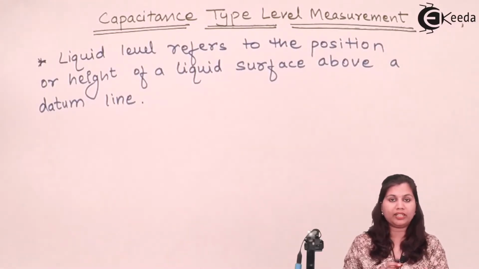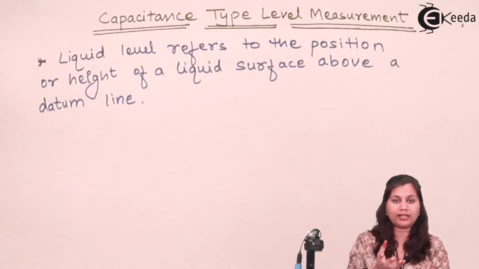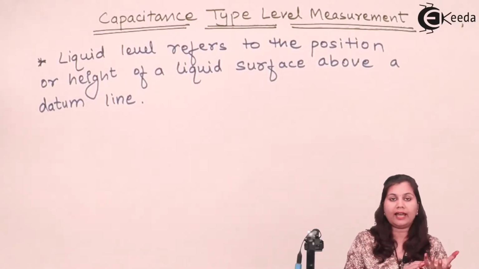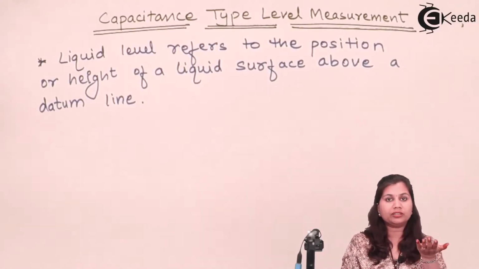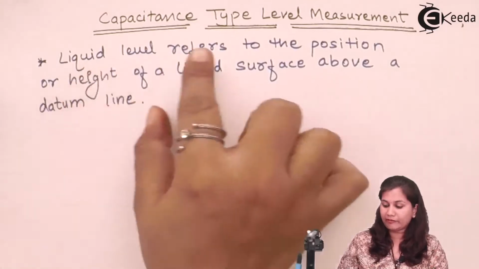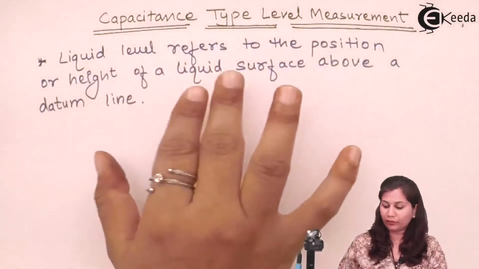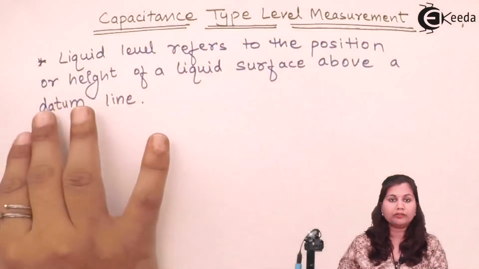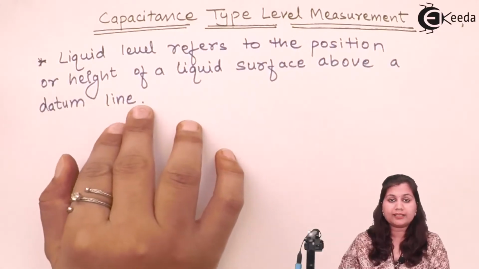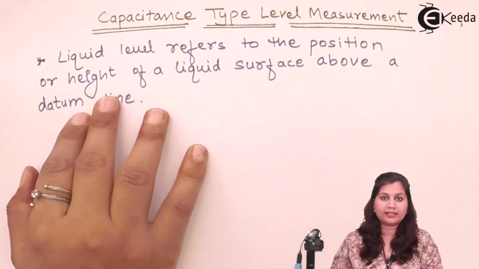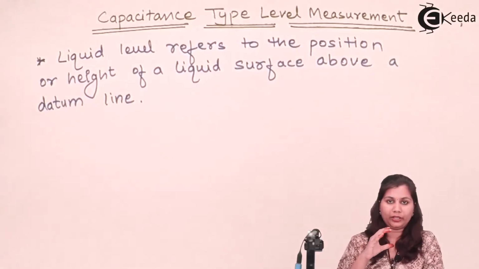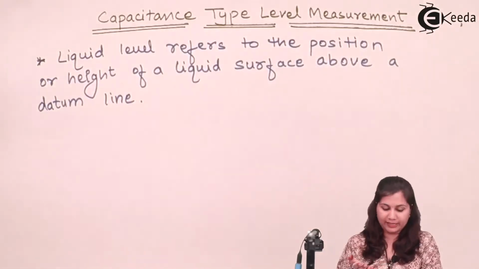Suppose we are given some amount of liquid, we pour that liquid in a container and measure the level of the liquid in that container. Now how is this level defined? Level refers to the position or height of the liquid surface above a datum line. That is, liquid level means the height of the liquid above a reference line.